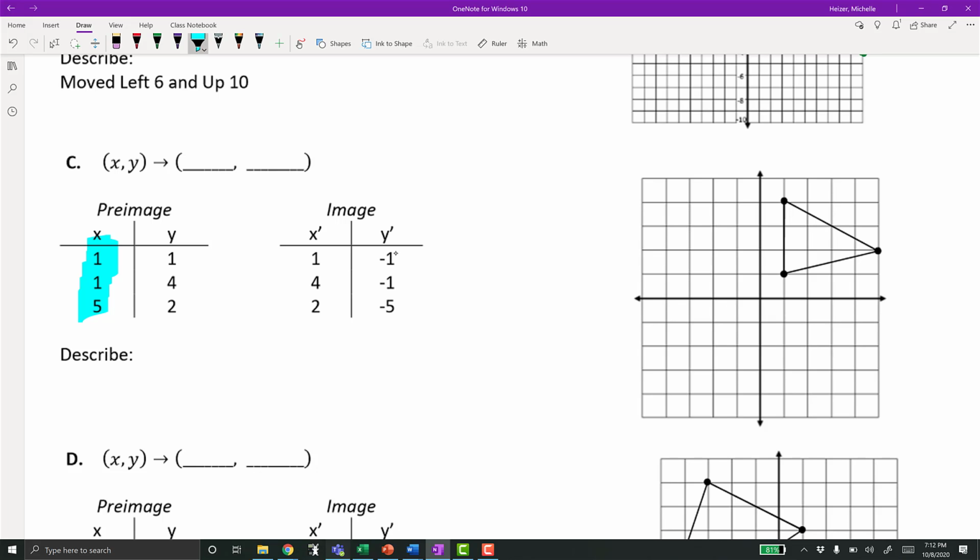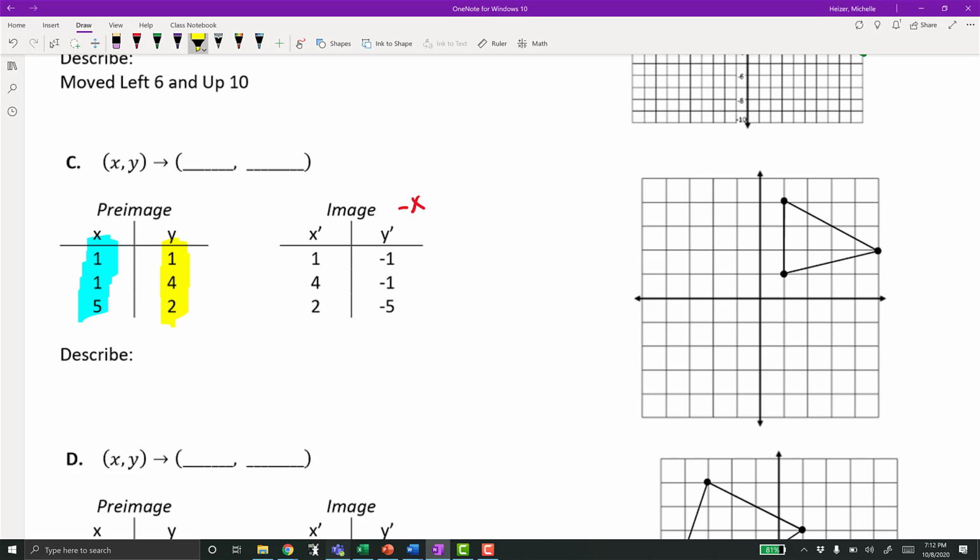So instead of calling this x, this would be like a negative x. So this here is negative x, and then I want to try and look for a pattern for my y values.